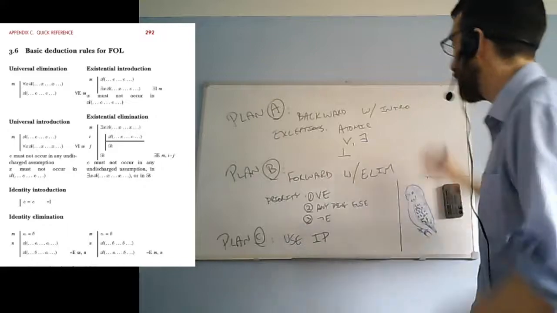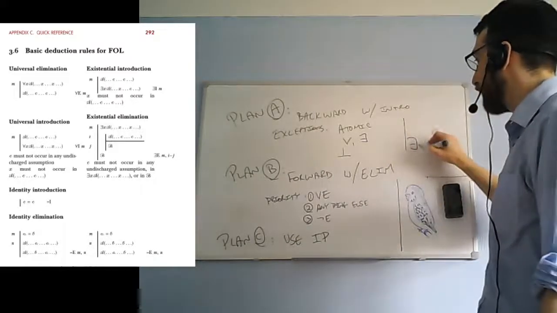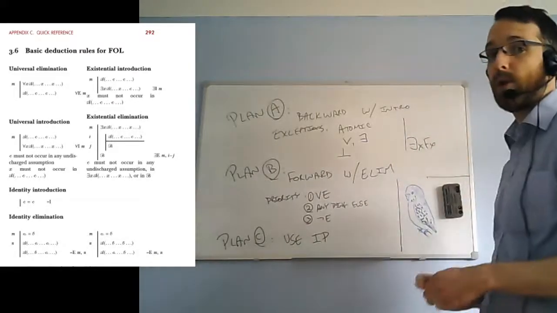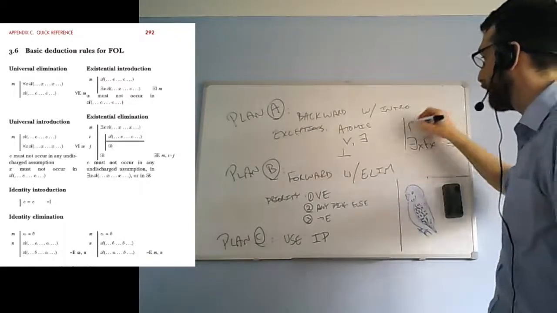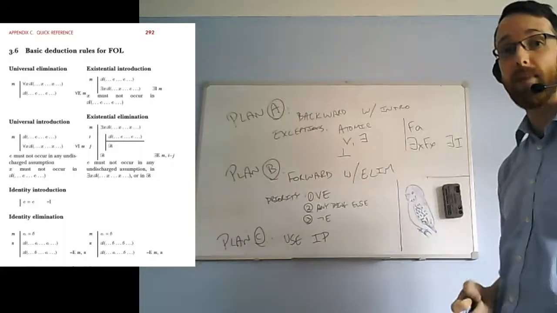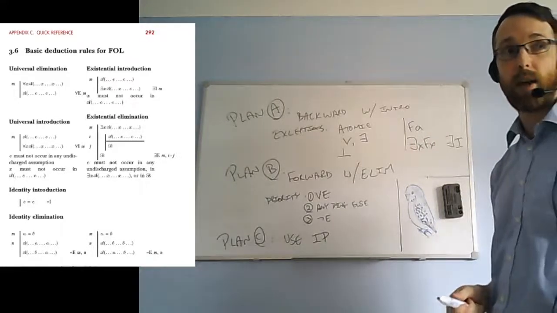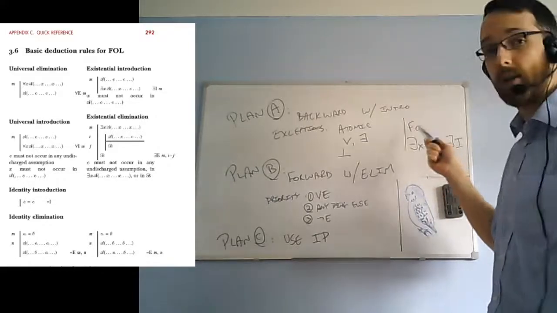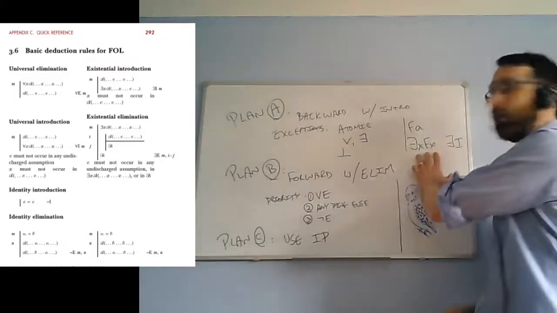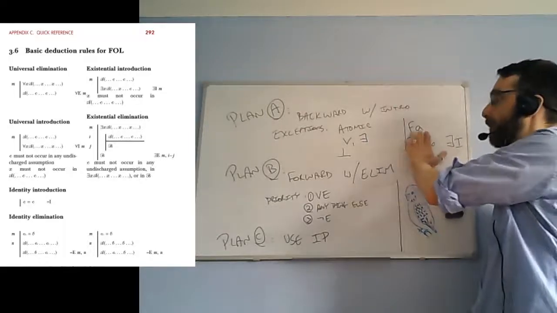So remember, existential intro says you're trying to get some existentially quantified sentence. If you decide to do that by existential intro, you're going to give yourself a goal where you put some name into that gap, right? F of A. The trouble is you might not know for any particular object. You might be able to validly conclude that somebody's an F, but that doesn't mean you know who it is.